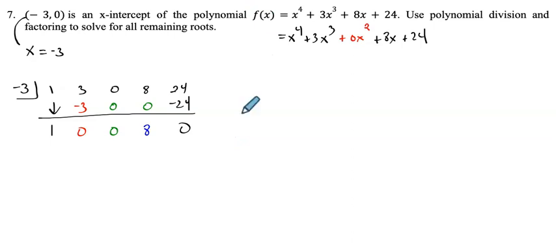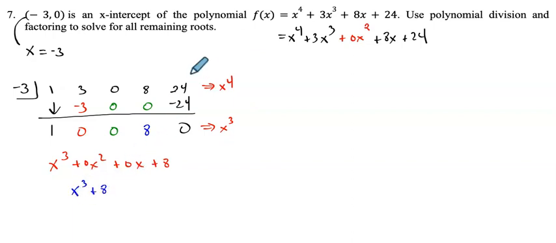Alright, so now this leaves me with, again, this started with the fourth power, and now we're down to the third power. So this is going to be x cubed plus 0x squared plus 0x plus 8, which ultimately just becomes x cubed plus 8 is what's left.